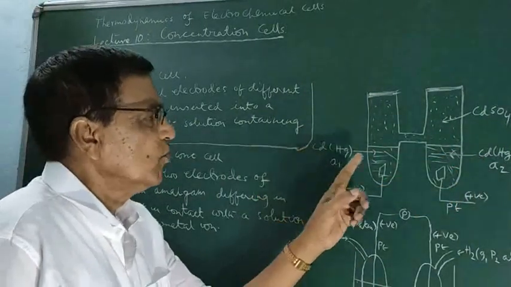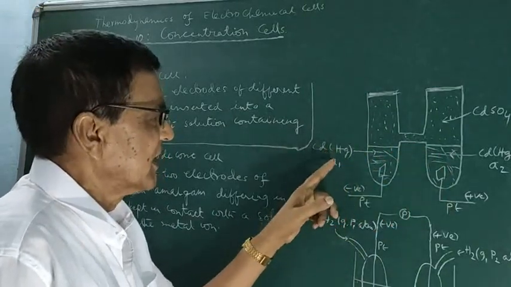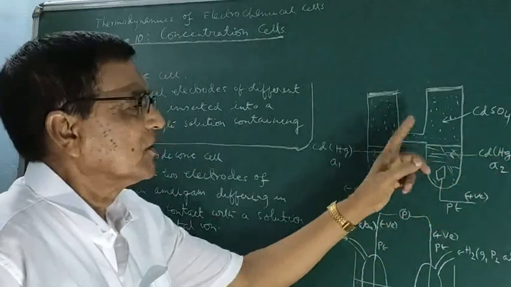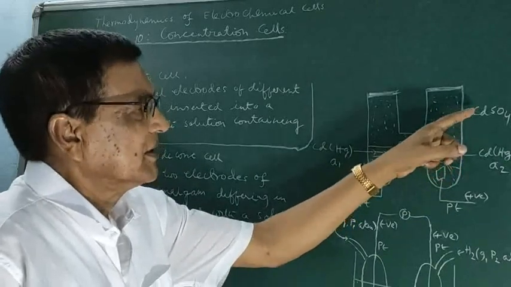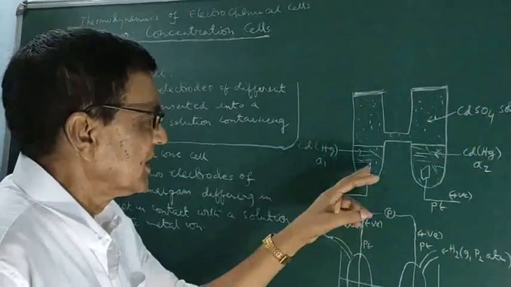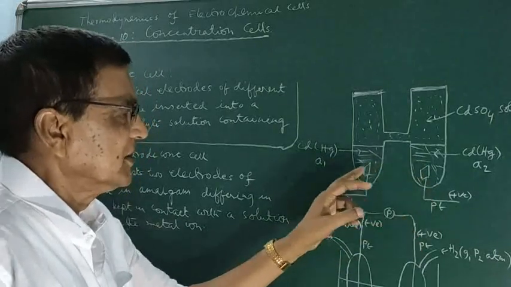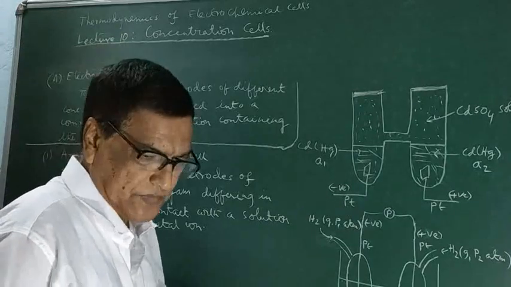These two amalgams differ in concentrations, with activity A1 and activity A2, and they are in contact with a common electrolyte, here cadmium sulfate, and these are platinum metals in order to contact the two half cells.